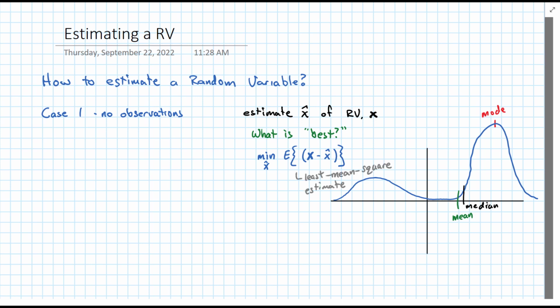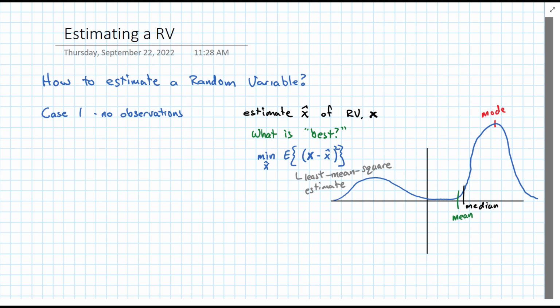Looking at our PDF, we can see that this may not always be the best. For example, if we want to minimize the mean squared estimate, oops, I forgot to put the square in there, it's probably going to be somewhere in the middle, maybe near our mean, for example. And yet, the actual mean value appears almost never.